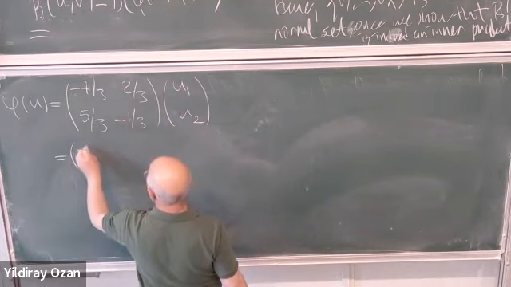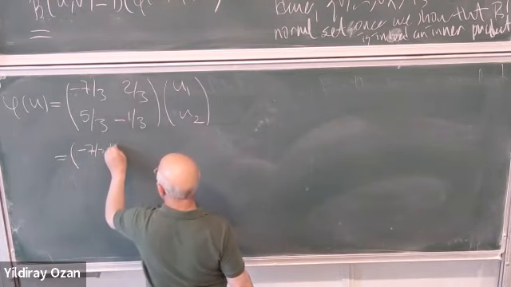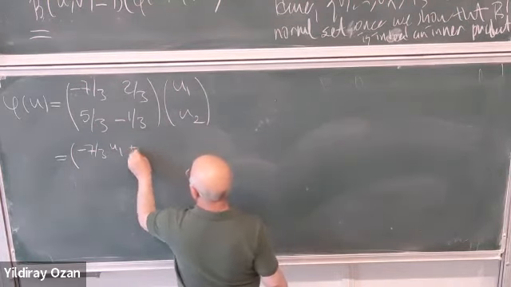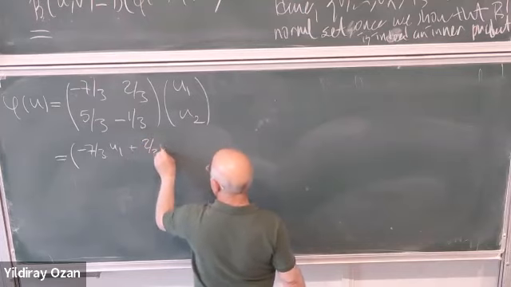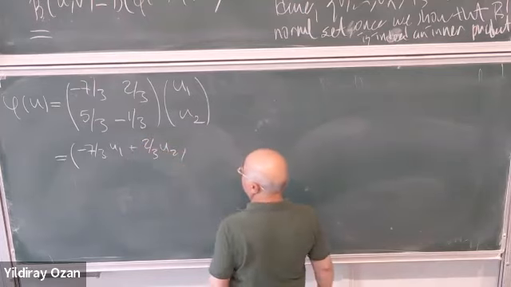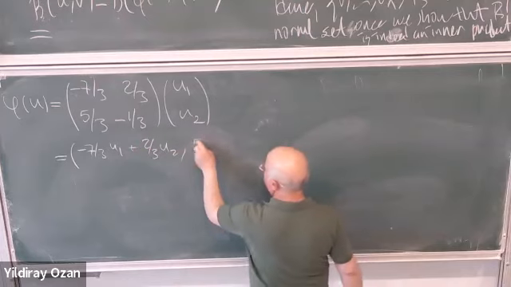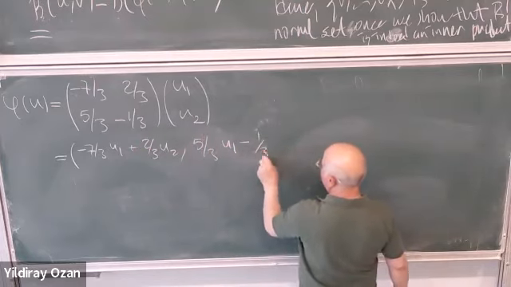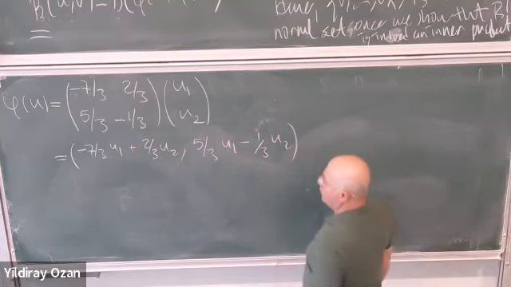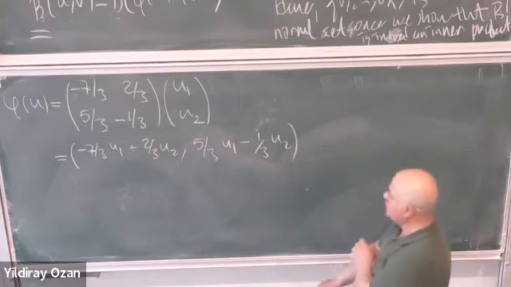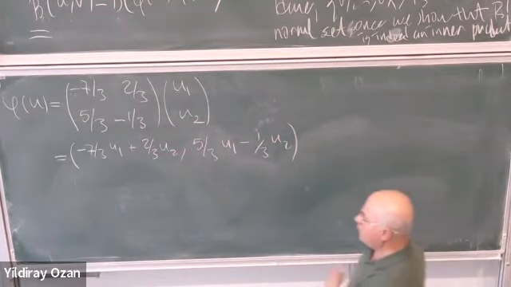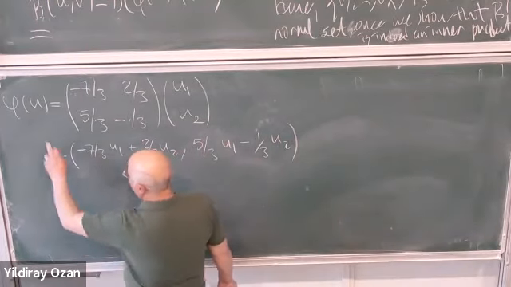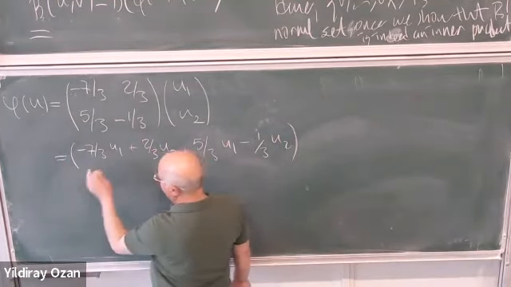Eksi 7 bölü 3 U1 artı 2 bölü 3 U2, 5 bölü 3 U1 eksi 1 bölü 3 U2. So this is the vector. And of course, for V, I will have something similar.